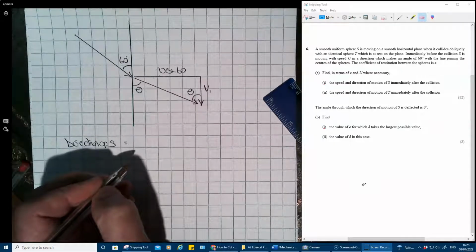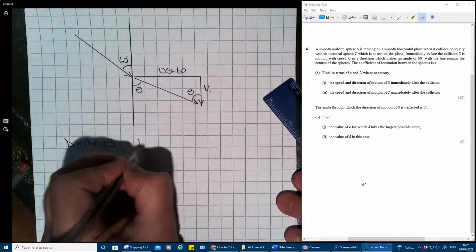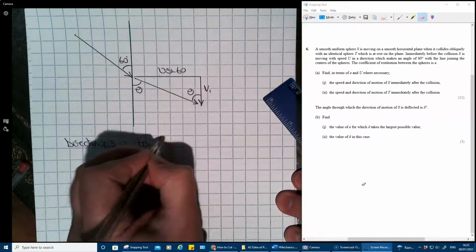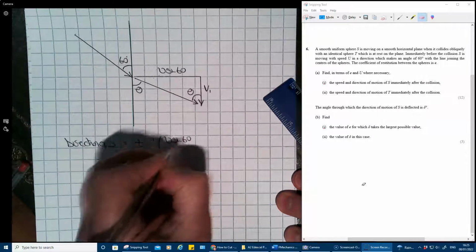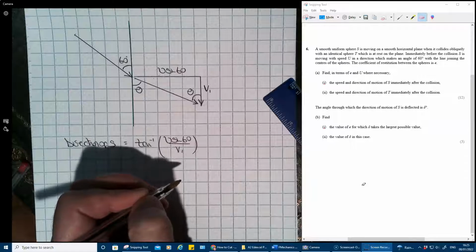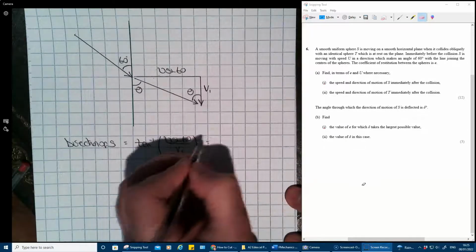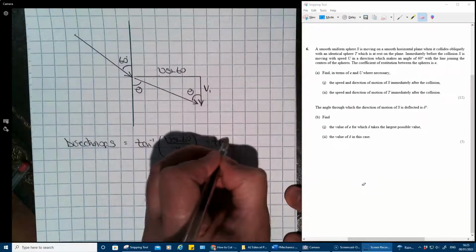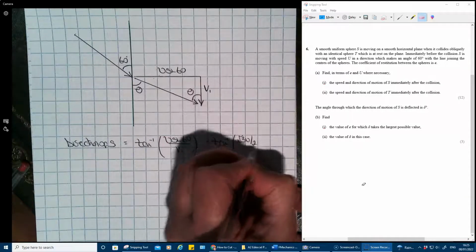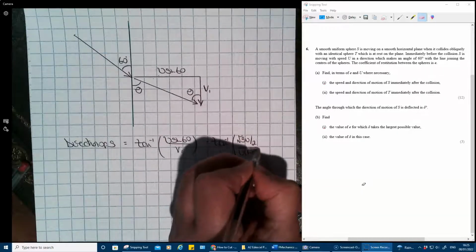is going to be the arctan of u sin 60 over v1. Okay, which is tan to the minus 1 of root 3 u over 2 over u(1 minus e) over 4.